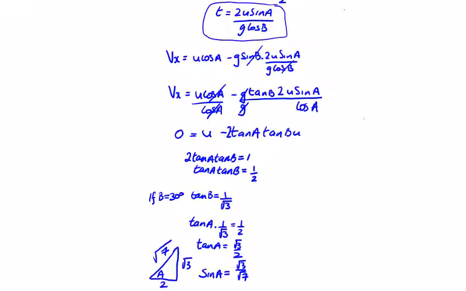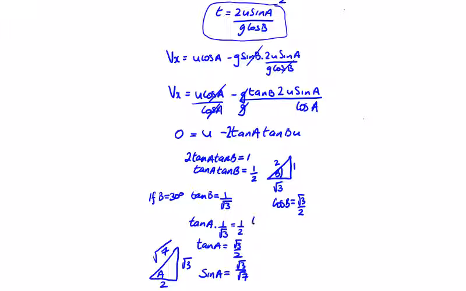And then we have the sine of a, we need the cos of b. Well, we have the tan of b is equal to 1 over root 3, leaving this one as 2. So the cos of b will have to be equal to adjacent over hypotenuse, root 3 over 2.